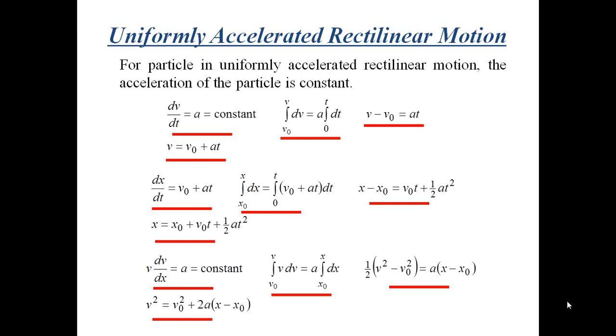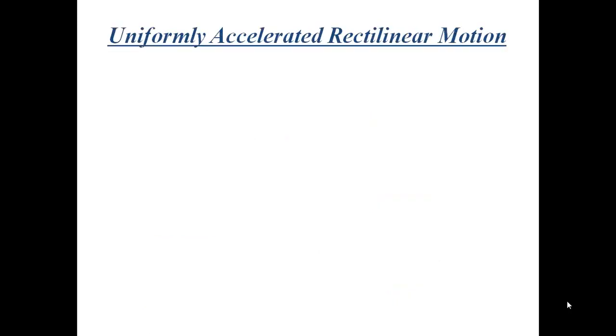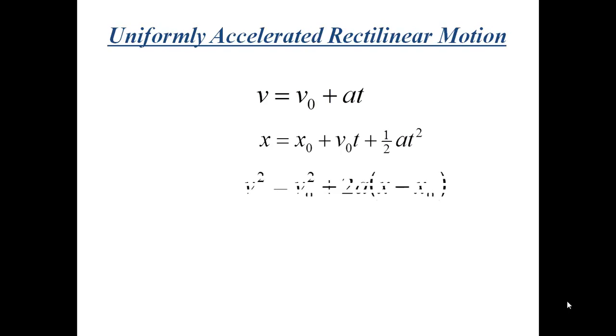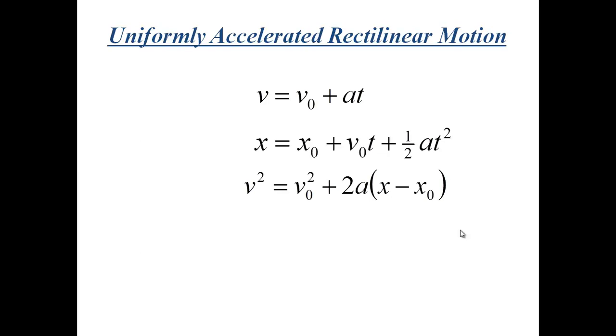So in uniformly accelerated rectilinear motion, these three equations, v is equal to v naught plus at, x is equal to x naught plus v naught t plus 1 by 2 a t square, and v square is equal to v naught square plus 2a multiplied with x minus x naught, give useful relations among position, velocity and time in the case of constant acceleration.